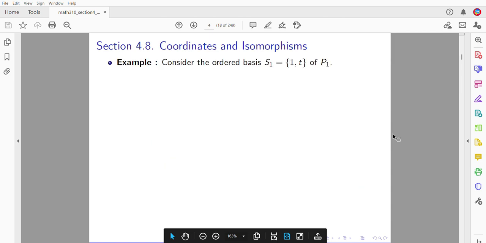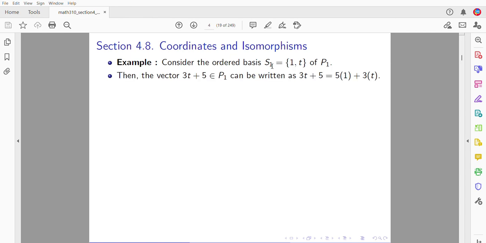Here is an example. Consider the set S1 consisting of 1 and t in P1. What is P1? If you recall, P1 is the vector space of all polynomials of degree 1 or less. So that's a constant polynomial. That's a polynomial of degree 1. Take these two. This is actually the standard basis. Order it: 1 first, t next. Then consider the polynomial. I'm calling it a vector because P1 is a vector space.